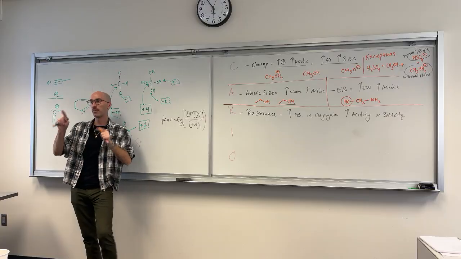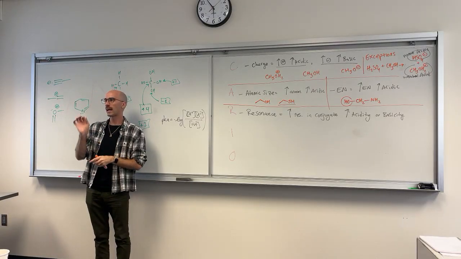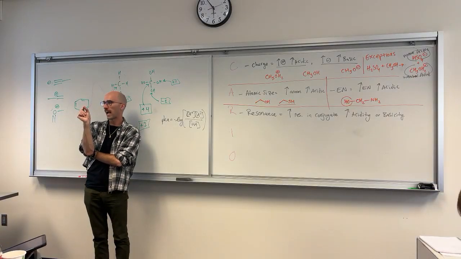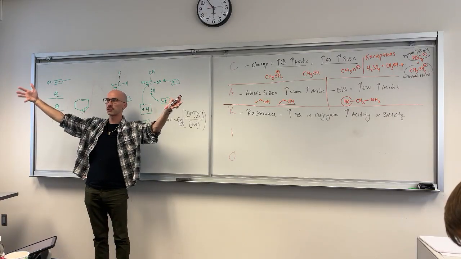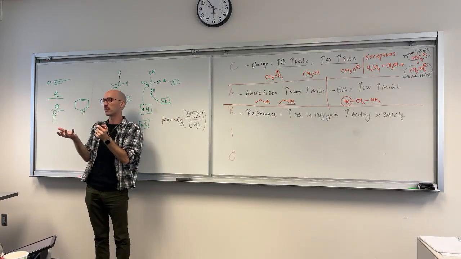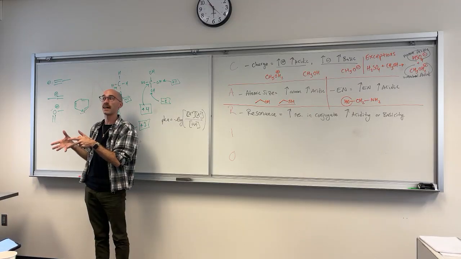pH is now putting it in the context of concentration. Do I have the teeniest, tiniest drop of an acid dispersed in 2 liters of solution? Or do I have 1 drop of water on 10 milliliters of this concentrated acid?